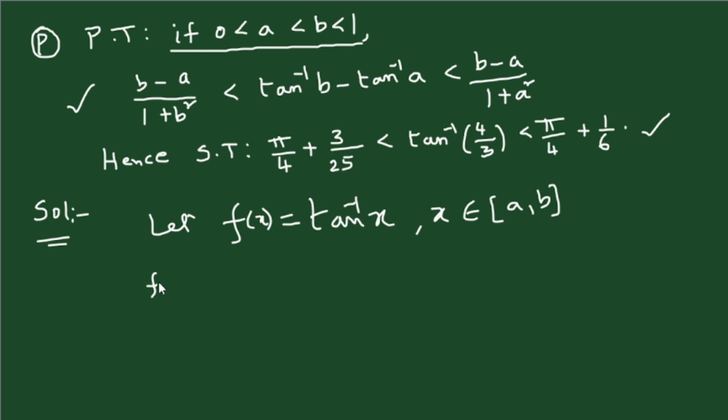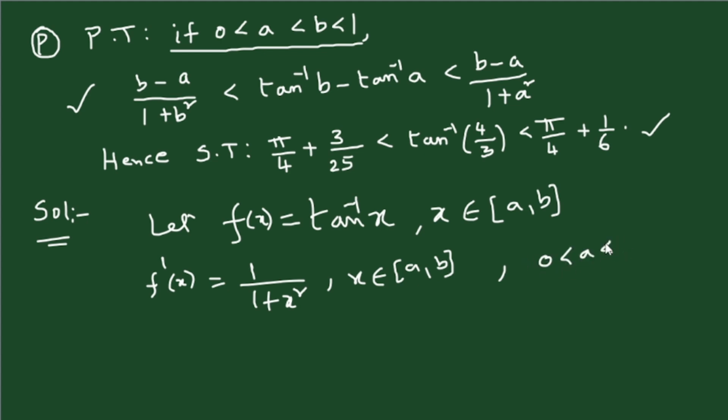Now we'll find the derivative of f. The derivative of tan inverse x is 1 by (1 plus x square), and x belongs to the closed interval [a, b]. And what about a and b? They are lying in between 0 and 1. Can the denominator be 0?